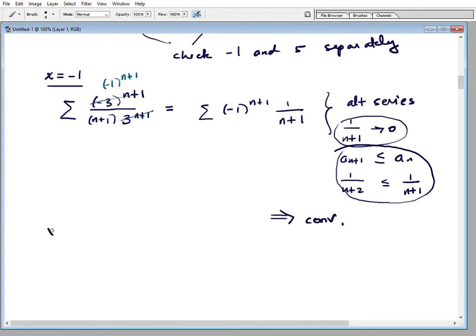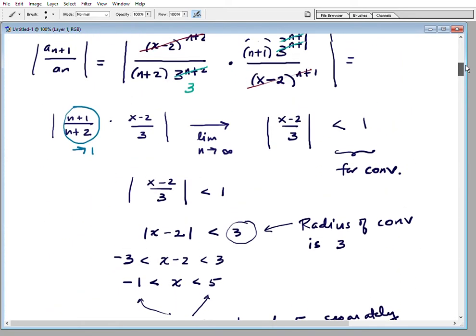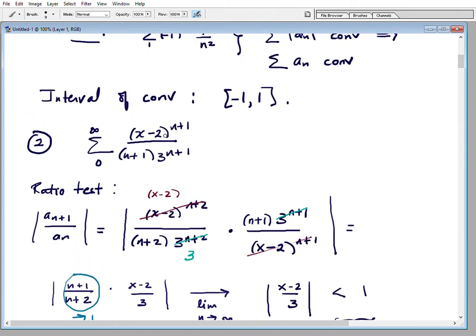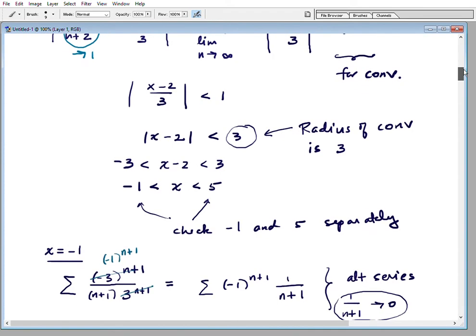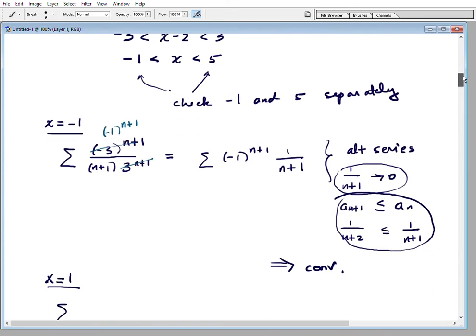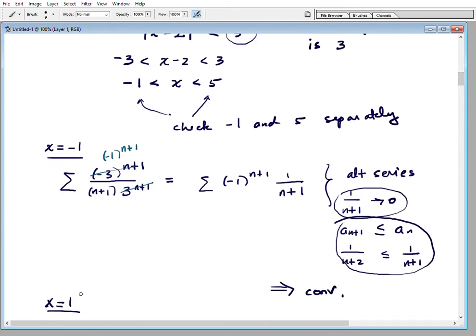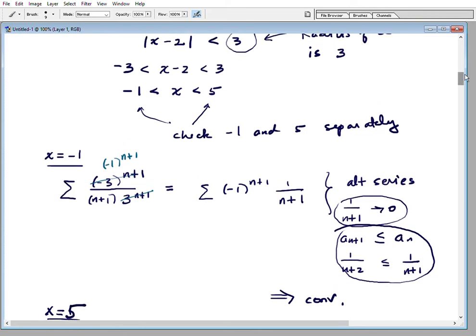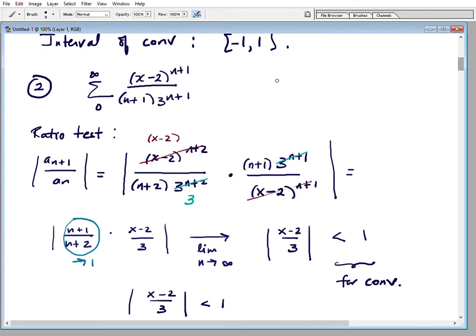Let's look at x = 1 now. So let's go back to the original. We did x = -1. Now we want to do 5, right? Yeah, 5 is the other endpoint. Okay, so let's see what happens when we substitute in 5.